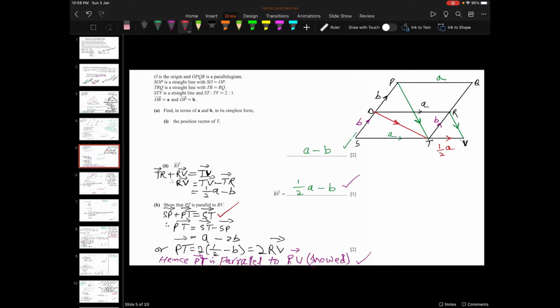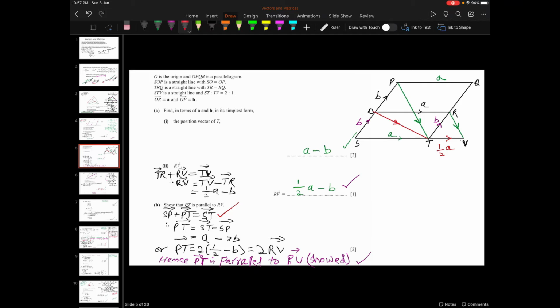Now substitute the values of ST and SP. We have PT is equal to A minus 2B. This you can write as PT is equal to 2 in bracket half A minus B. When you multiply 2 inside, again you get A minus 2B.